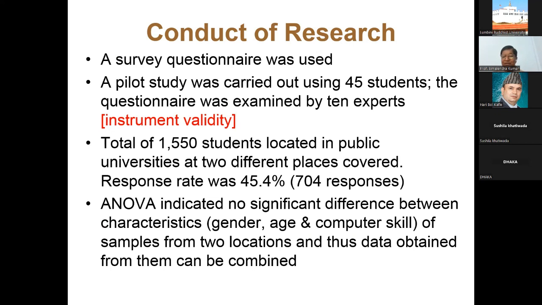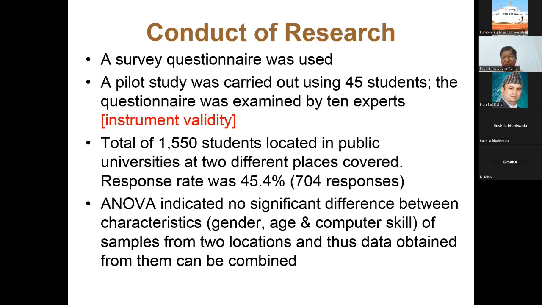Now we are coming to the conduct of the research, how research is begun. A survey questionnaire was used. Then a pilot study was carried out using 45 students. The questionnaire was examined by 10 experts.